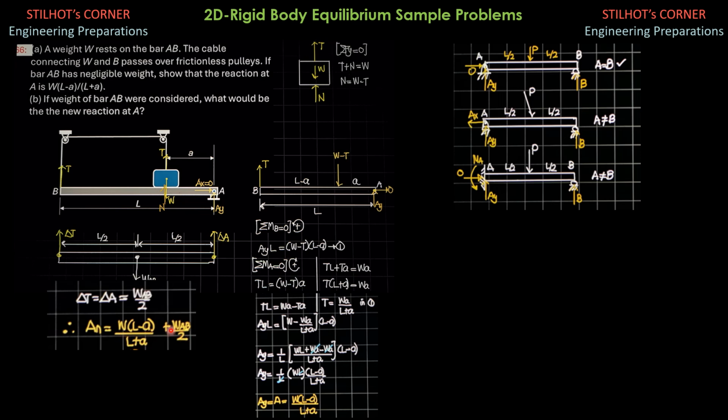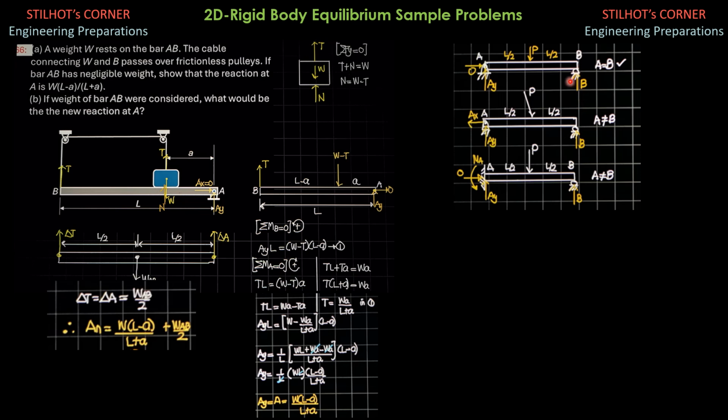Then let me discuss it further for situations like this. If you have here a uniform bar, this time of negligible weight, and a force P acting at the center, so that's why L over 2 here, this is a pin support, and this is a roller support.